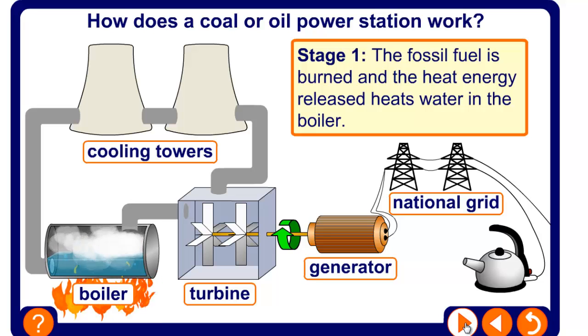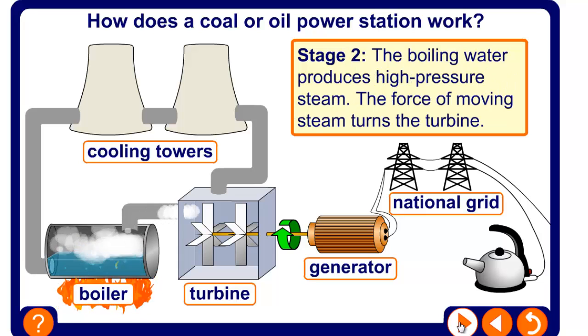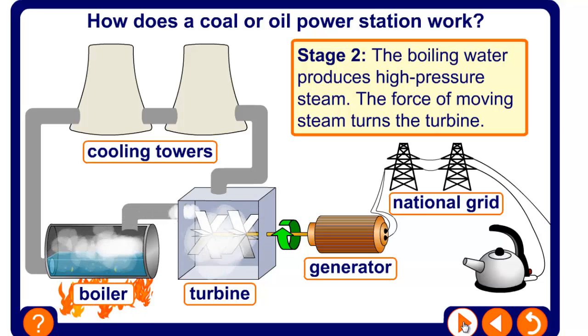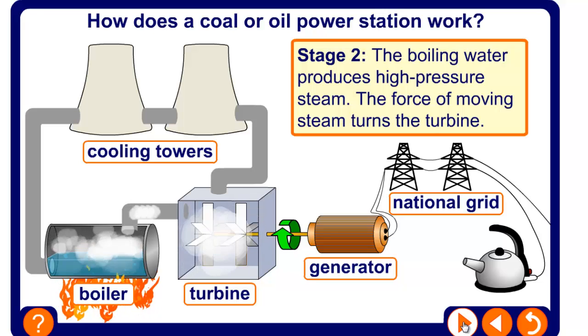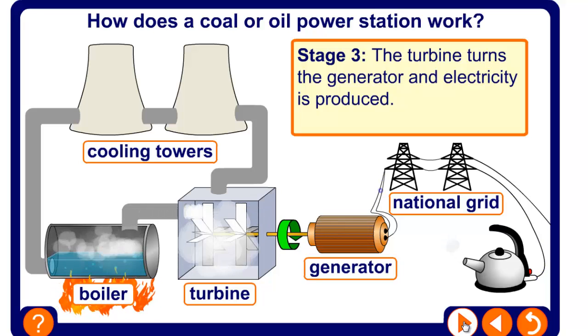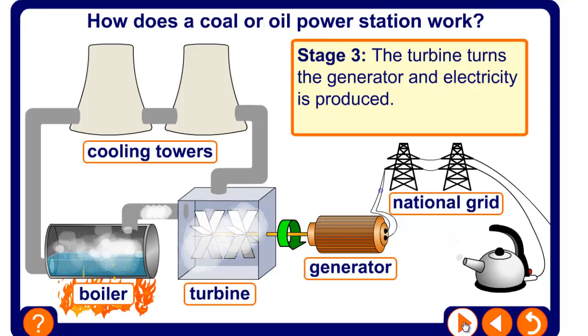The next step is that this steam, this thermal energy, is turned into kinetic energy to make the turbine spin round. Then the turbine is connected to the generator. And from the generator, we're able to produce this secondary form of energy, which is electricity. And that's basically how it works.